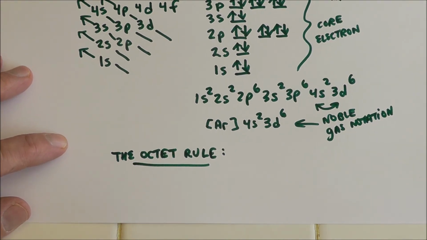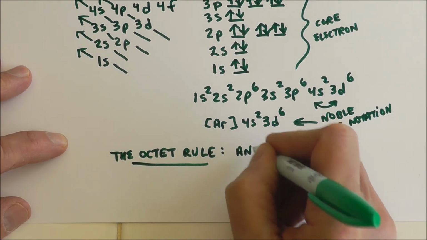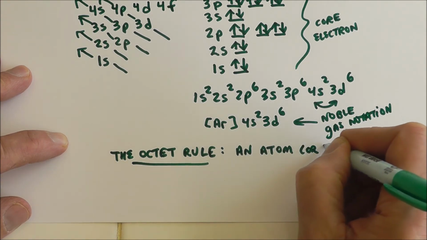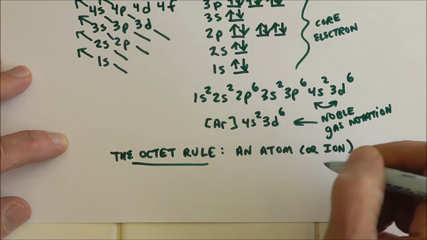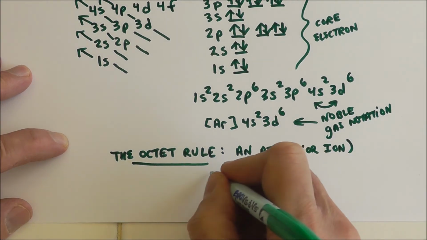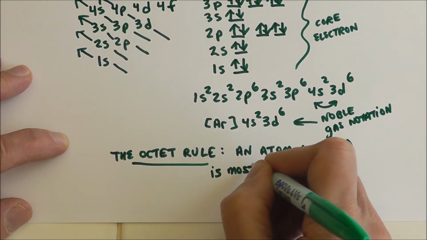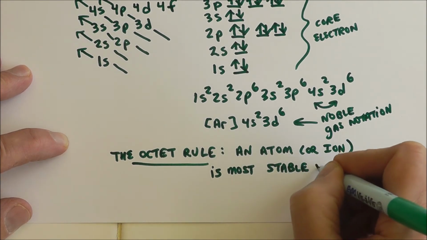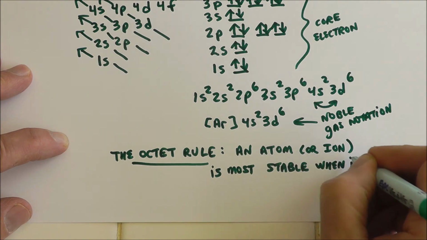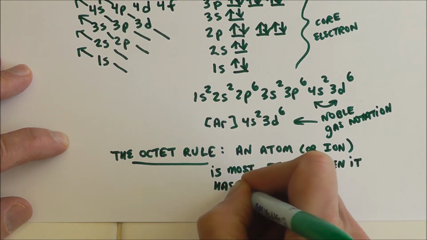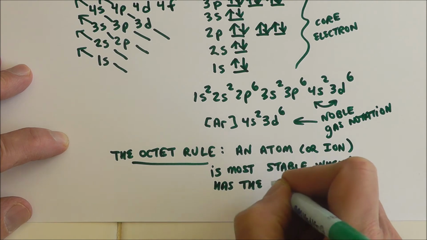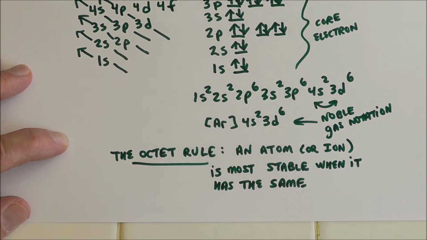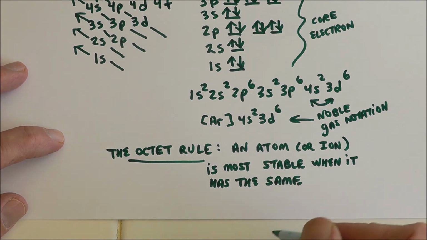And that is that an atom or ion is most stable when it has the same, when we first started, week 2 or 3, I quoted this as saying same number of electrons.